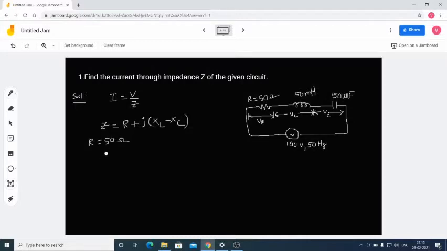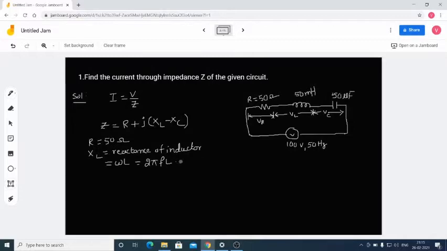Then the second one is XL. What is XL? It is the reactance of the inductor. What is the value? It is omega L, which is equal to 2 pi f L. Omega is replaced with 2 pi f.